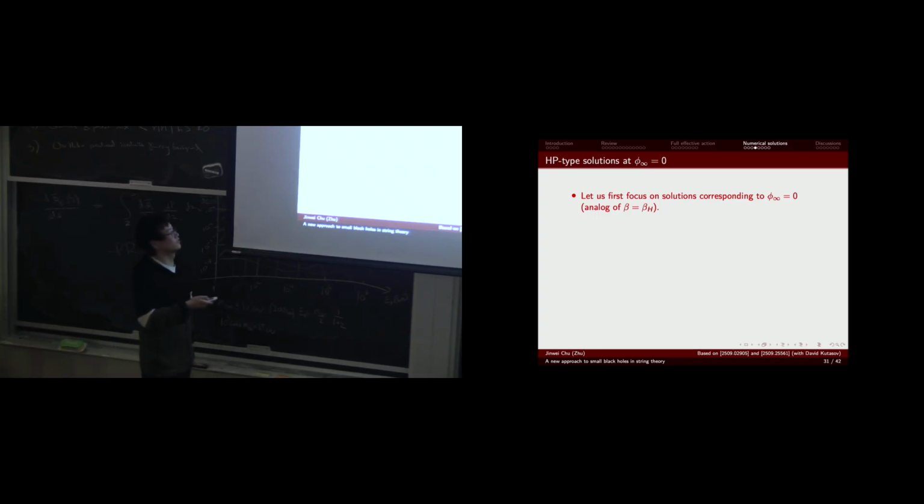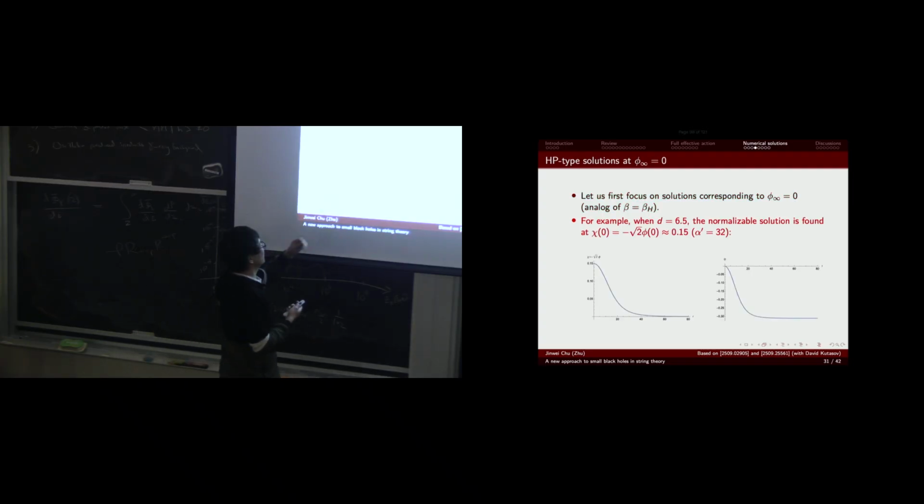First, I'm going to start with the subset of the solutions which has phi infinity equal to 0. This is an analog of the solutions in the original problem at Hagedorn temperature. Just as I said, phi infinity is some analog of the deviation away from Hagedorn temperature in the original problem. We focus on this subset, and here's the solution for some d.